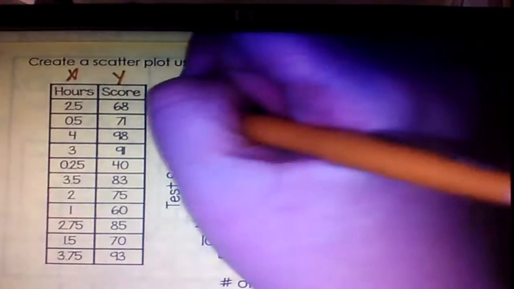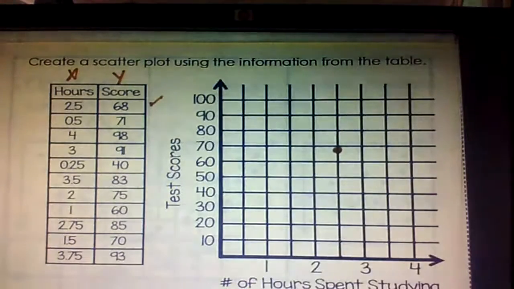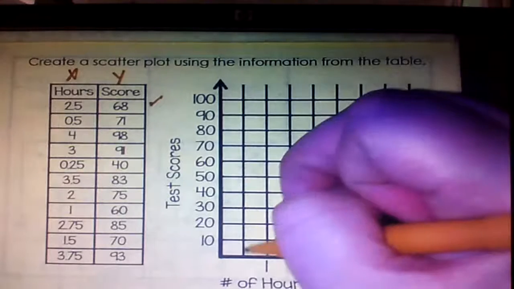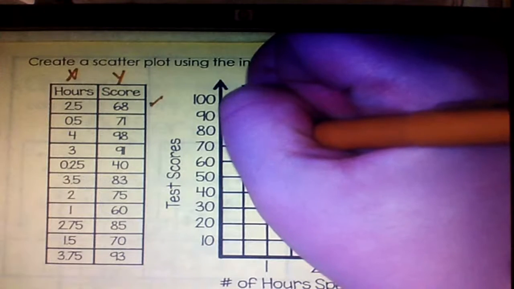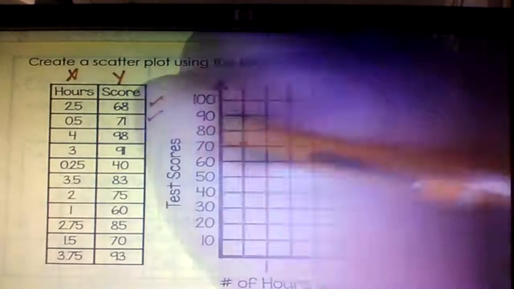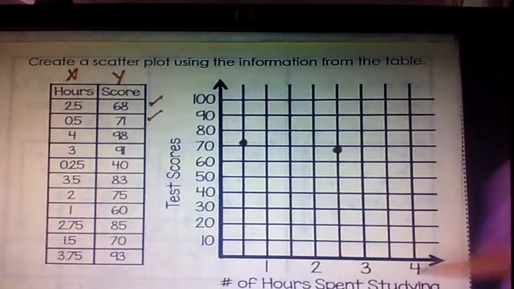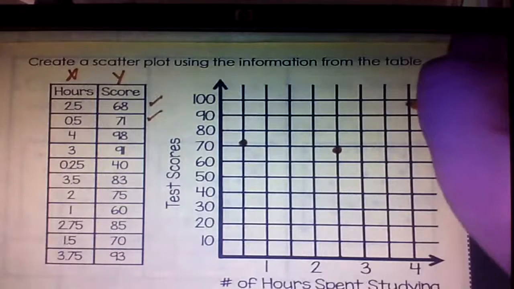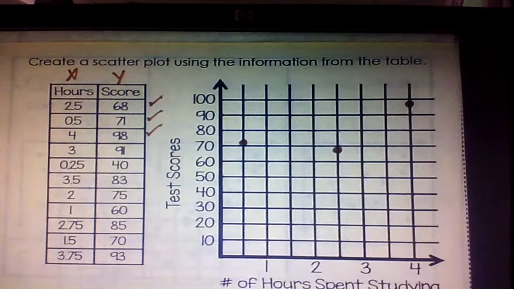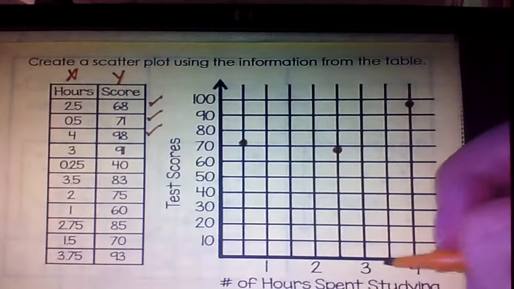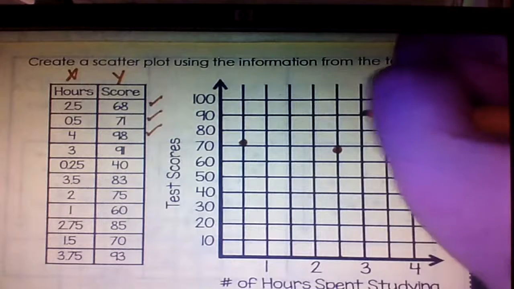Okay, so we did this one. 0.5, comma 71. So 0.5 and 71. Four and 98. Three and 91.